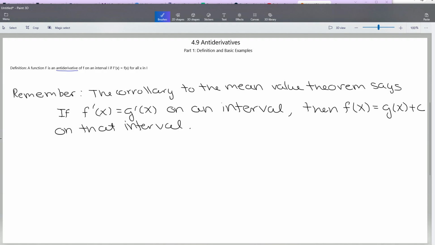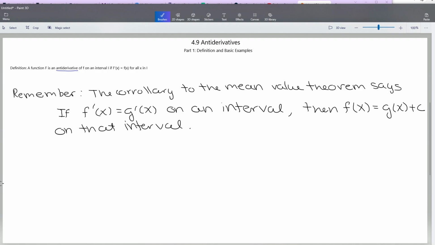And this supports our idea that the antiderivative is going to have a main part, and then it can have a constant because that really doesn't affect the derivative.